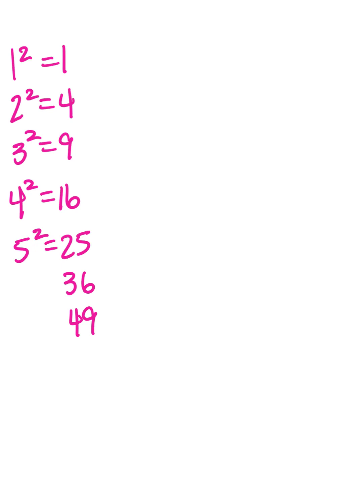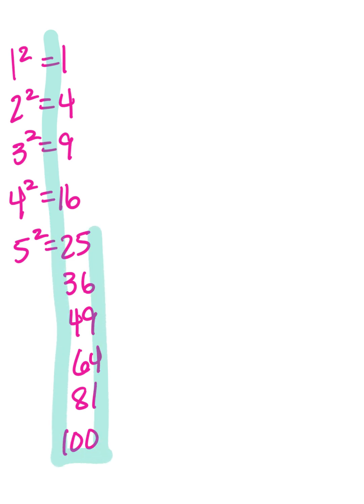So 6 times 6, 7 times 7, 8 times 8, 9 times 9, 10 times 10. We'll just go there, okay? So what we're going to want to do is highlight these numbers, because those are the numbers that we're going to be looking at.